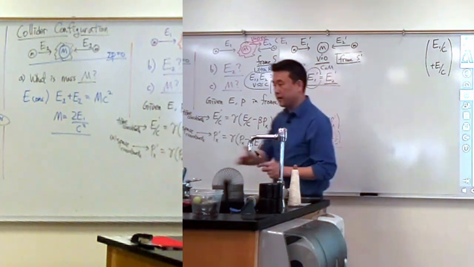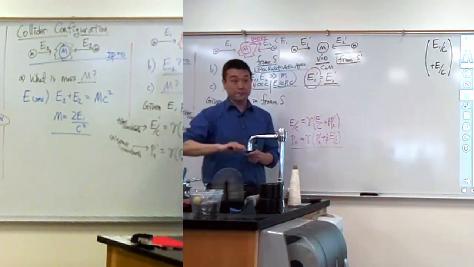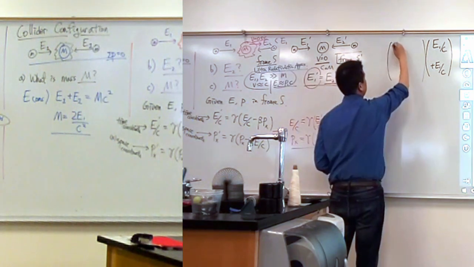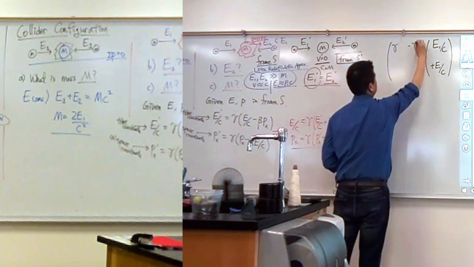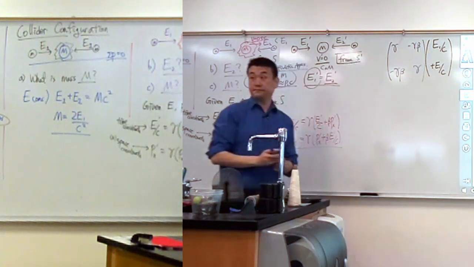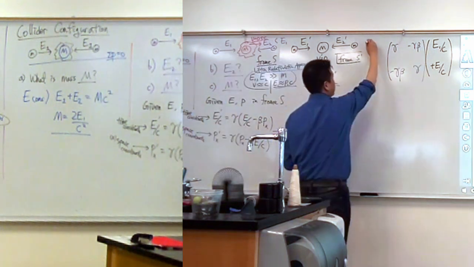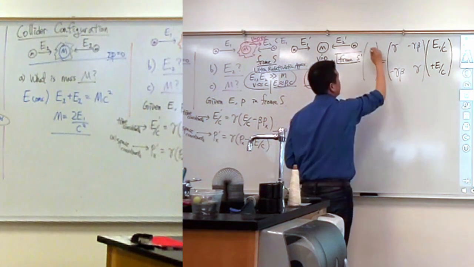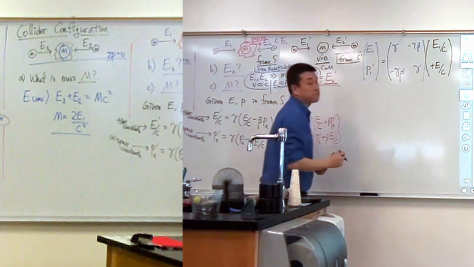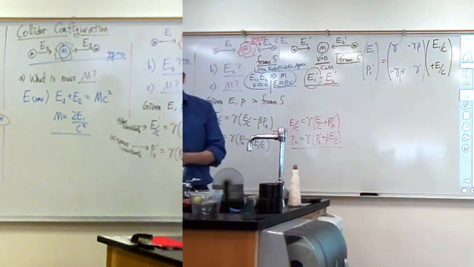And this time I'm going to write down the Lorentz transformation in the matrix form. In the matrix form, it looks like this. Multiplication by gamma, minus gamma beta, minus gamma beta, gamma. Right? So what I get here will be my E1 prime, P1 prime. So let me just work out E1 prime.